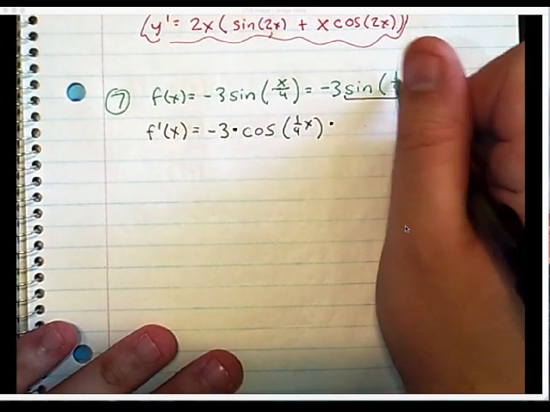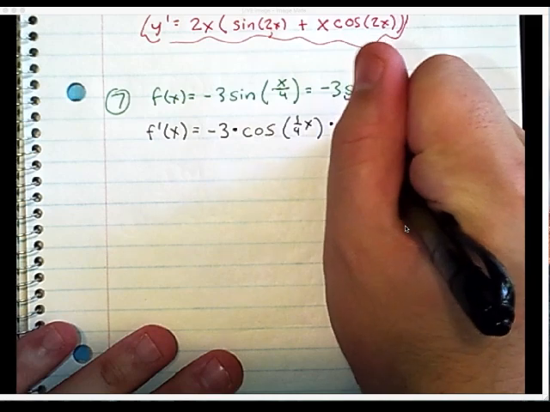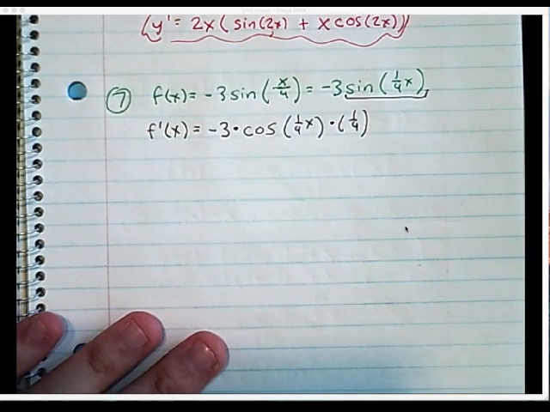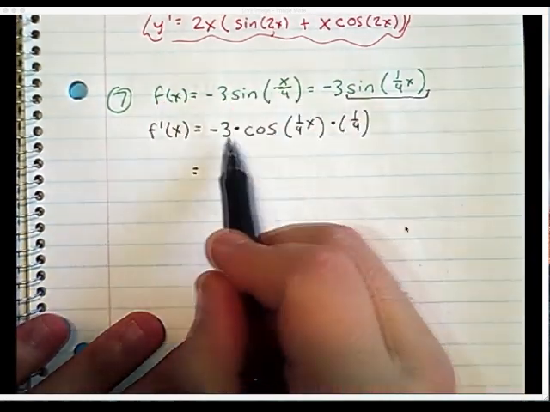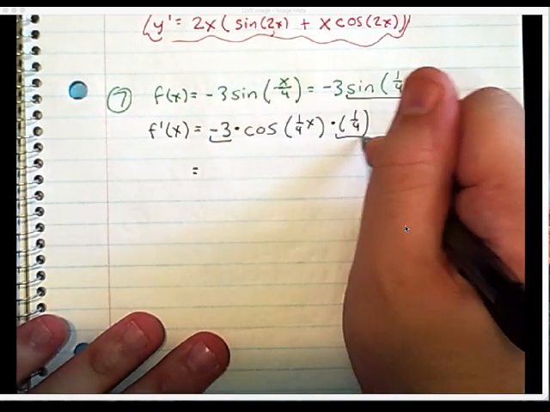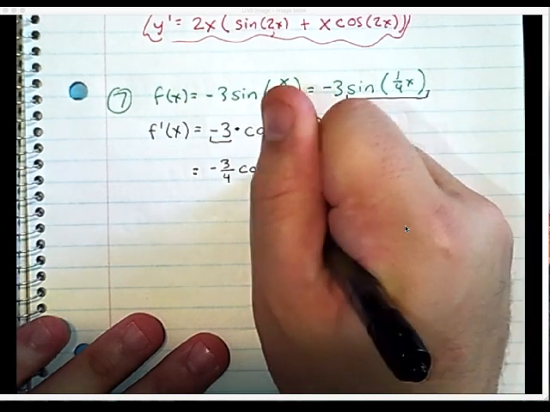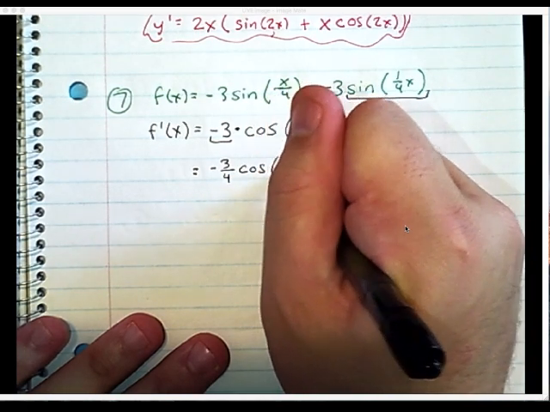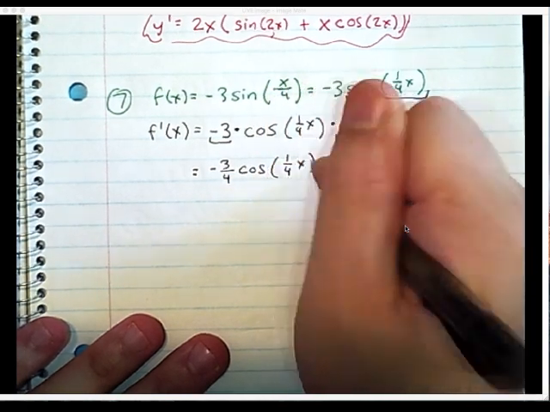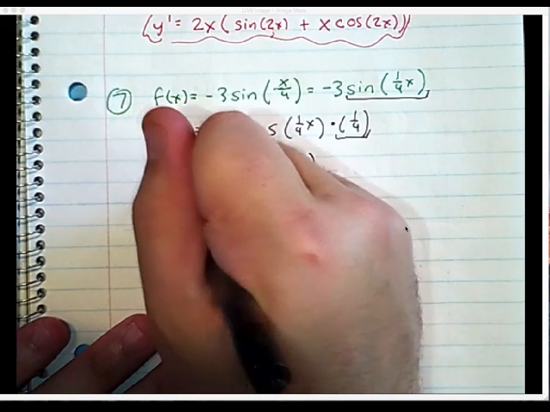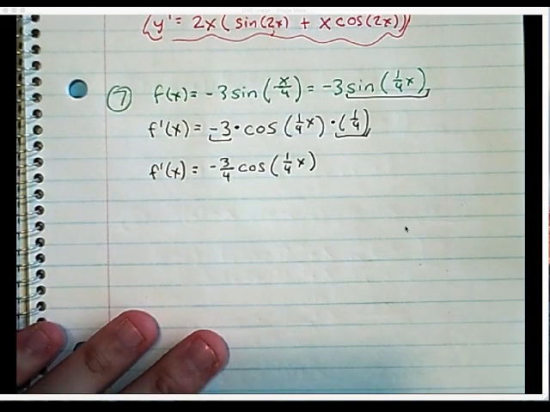The derivative of 1/4 x is simply 1/4. Okay, so if I take this negative 3 times this 1/4, that's negative 3/4 cosine of 1/4 x. So that's the first derivative. That's the simplified version of the first derivative.